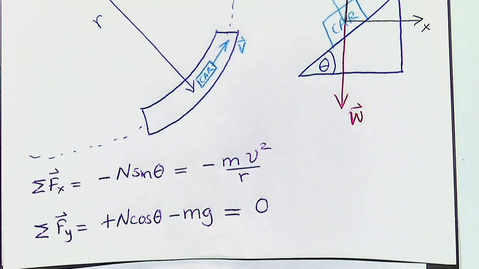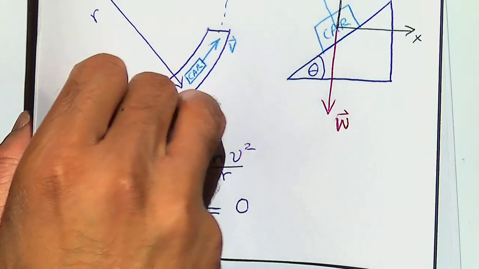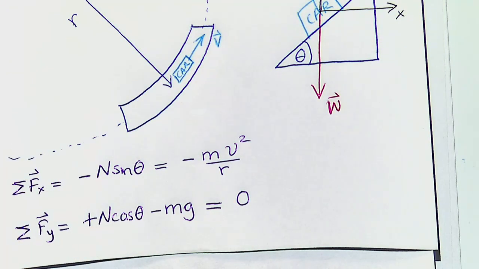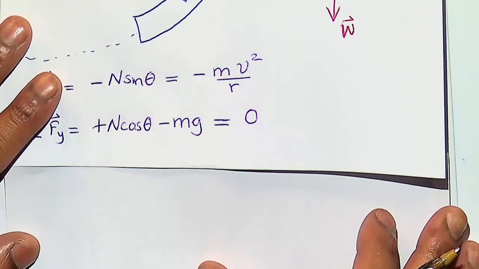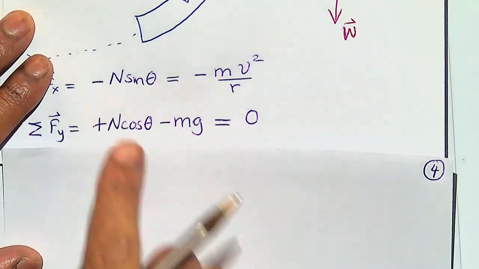Okay, so we have two equations. Let me switch to a different paper and rewrite them. I'm going to copy them down here. In this equation, the negatives will cancel.